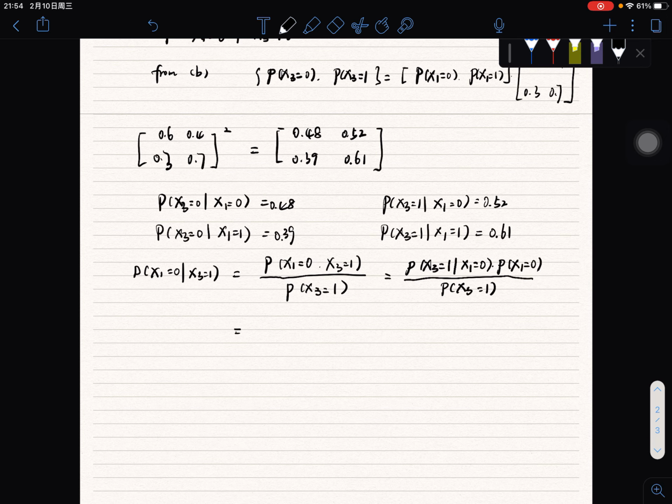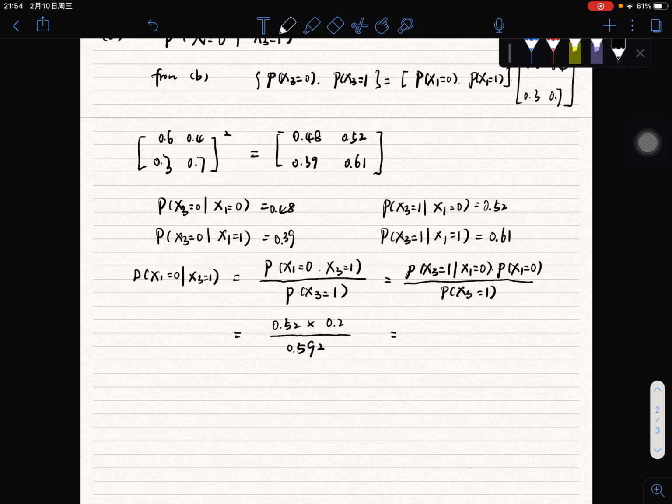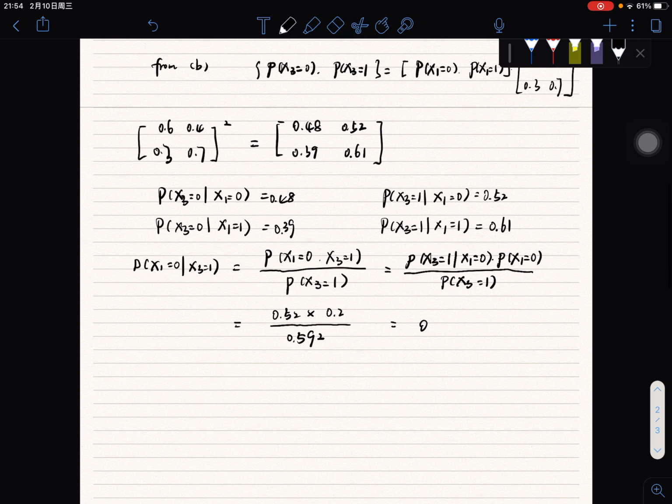And then we can replace it with numbers: 0.52 multiplied by 0.2 and then divided by 0.592, and then we get the answer 0.176.